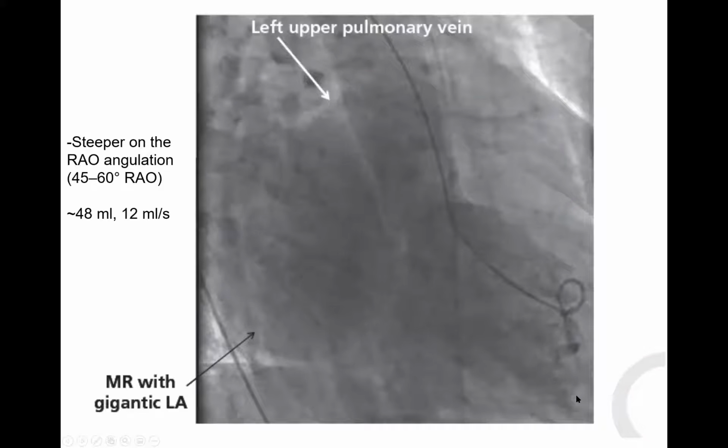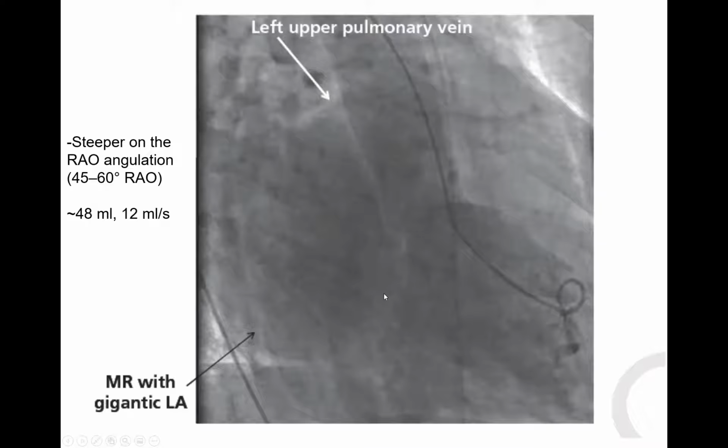Unlike echo, which assesses Doppler, which can fade if it is an eccentric Doppler flow, and you can underestimate the significance of a regurgitation by echo. By LV-gram, you're less likely to have that, because even if you have an eccentric flow, it doesn't matter because it's a volumetric assessment. Qualitative, but volumetric.